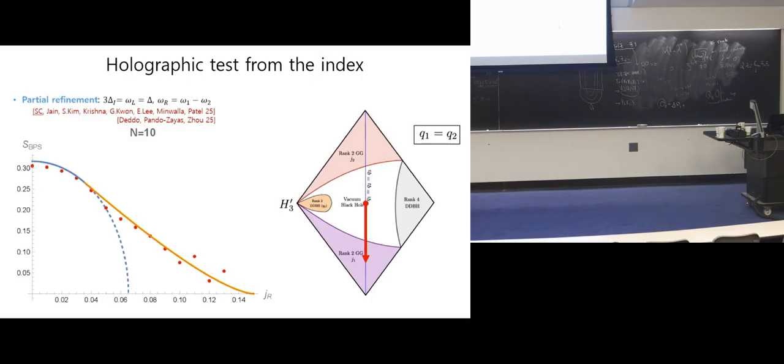It will be better to understand this diagram in the microcanonical ensemble: if the difference between the charges and angular momentum becomes very large, then the gray galaxy will be dominant, but if it is small, the known black hole is dominant. And this is the prediction from the gravity side here. Okay, thanks.